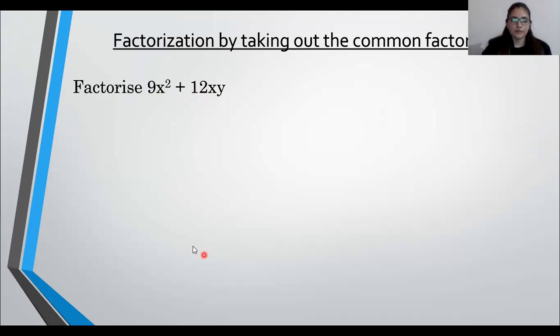Now, how can we write 9x square? We can write 9 as 3 times 3, and then x square is written as it is. And how can we write 12? We can write it as 3 times 4 times x times y.